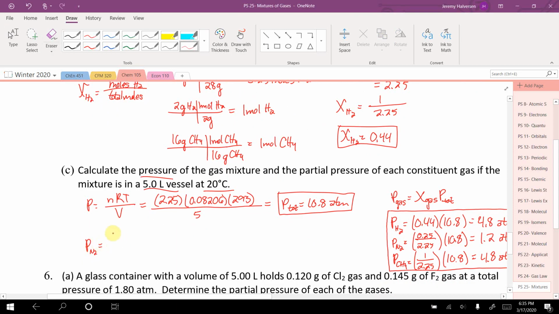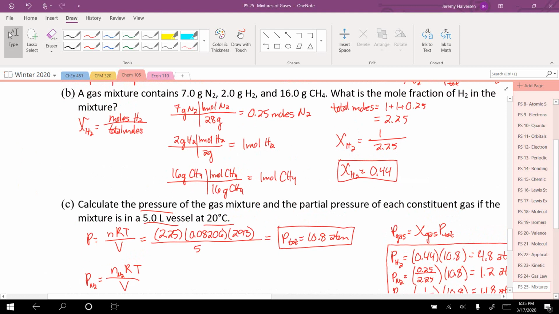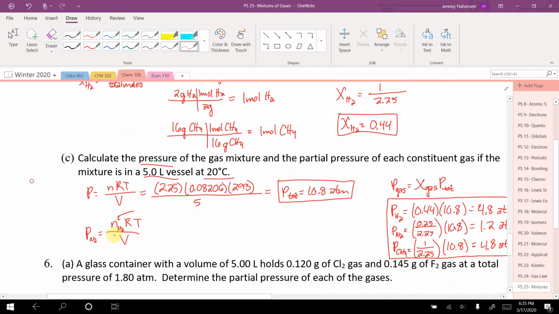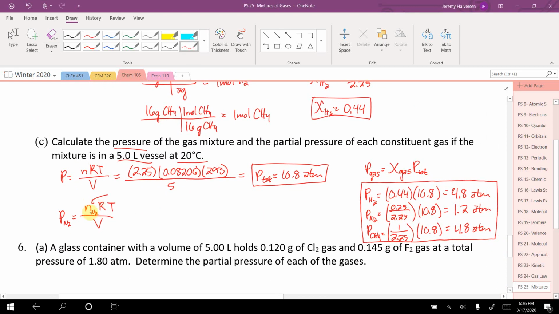The pressure of N2 is going to be the moles times R times T over V, but it's just going to be the moles of N2. If I put in 0.25 here instead of the total moles, I'm going to get the pressure of N2 instead of the total pressure. Does that make sense? So if I put in the moles of N2, I get the pressure of N2. If I put in the total moles, I get the total pressure. Essentially, it's just doing this math, but doing it before instead of after. So that's another way that you could solve this problem.